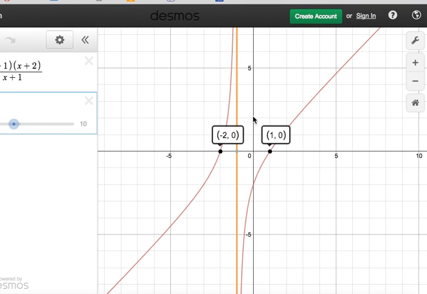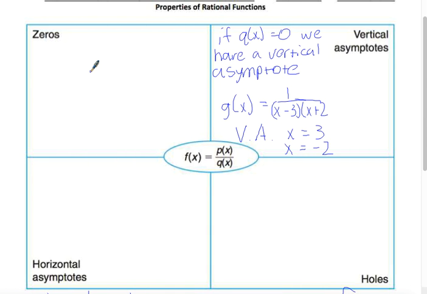So now we can see, we have zeros, and zeros is another way of saying x-intercept. So we get zeros when p of x equals 0.